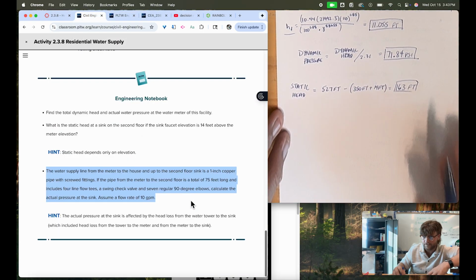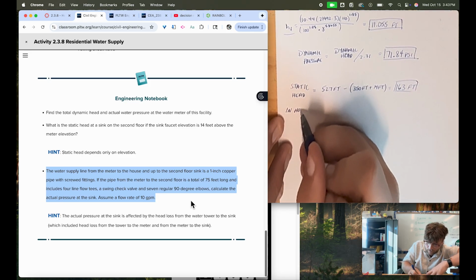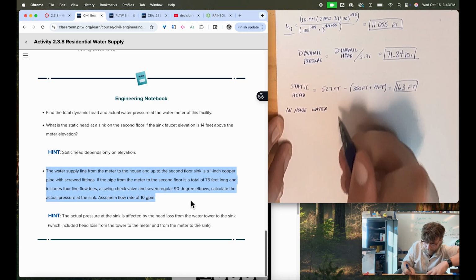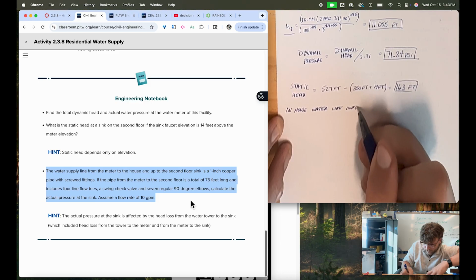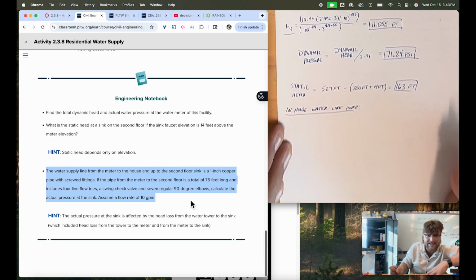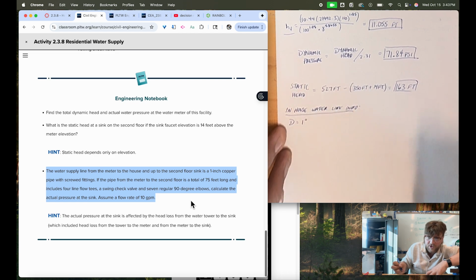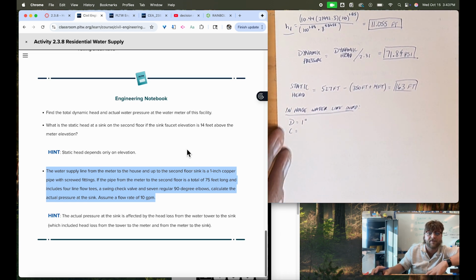So we can end up with the in-house water line info. So we can go ahead and document this. So this is the in-house. We've got diameter D is equal to 1 inch, and we also have C, which is a material for copper, right?